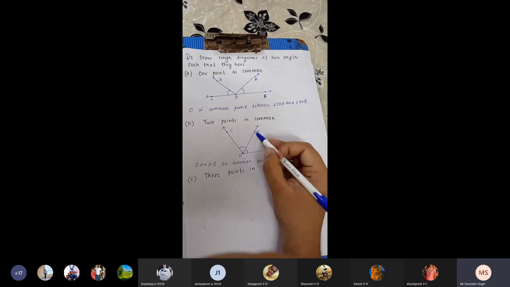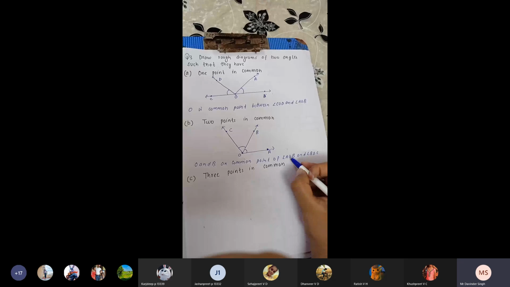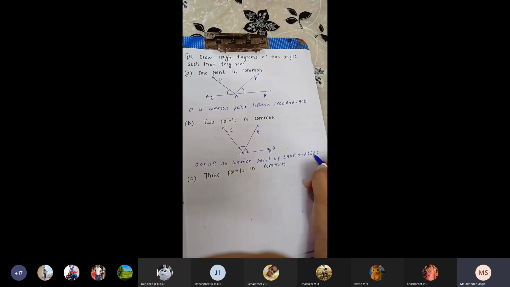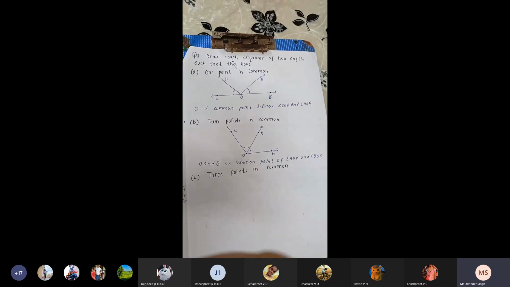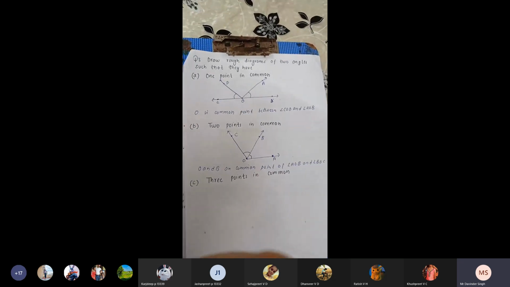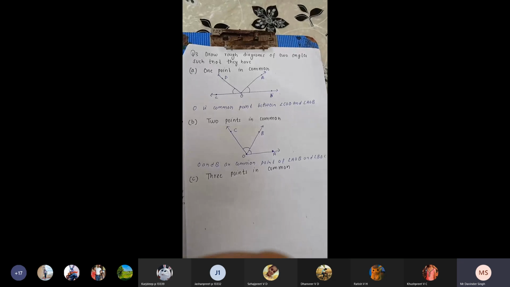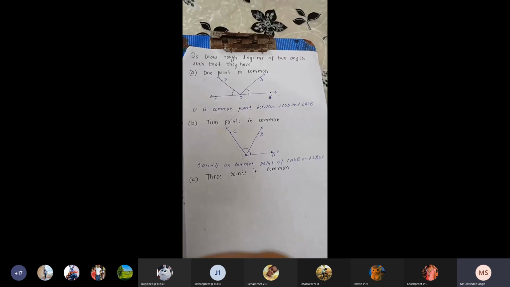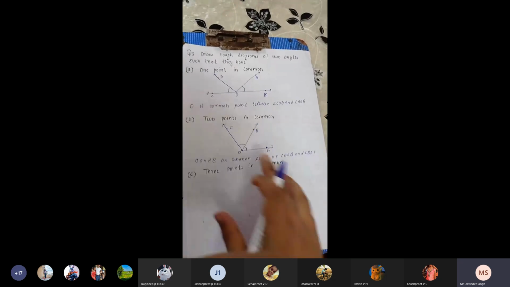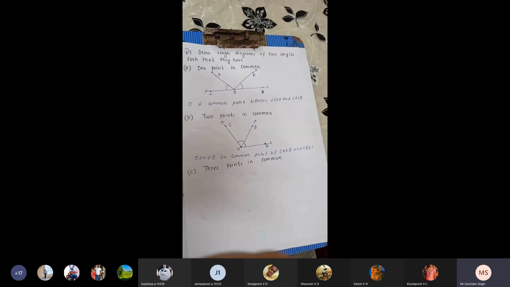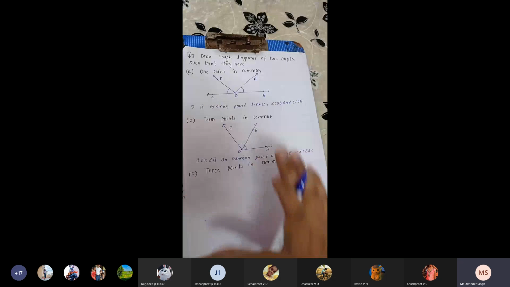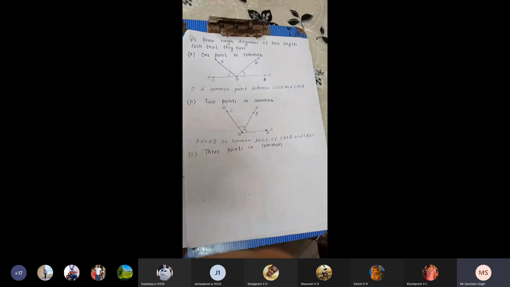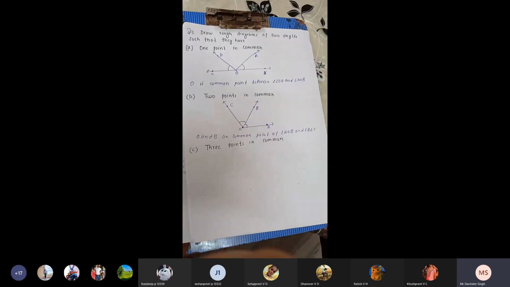Now look, B and O are common in both, OB and BO are common in both. So there are 2 points common here, this B and this O. So this is the diagram for the B part. Again I am saying, if you can draw another diagram, that will also be correct, but it should have 2 points common in it. It is not compulsory that you have to draw only these diagrams. You can draw it by your imagination also.